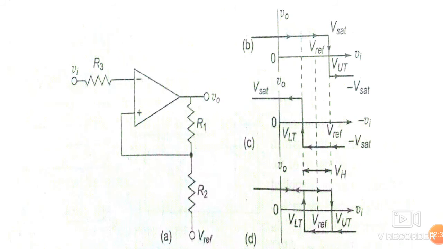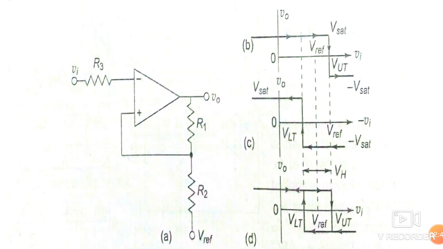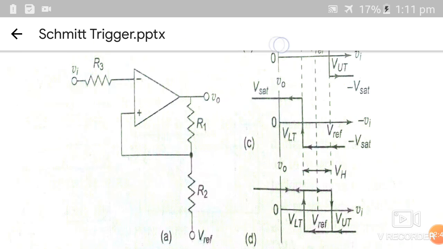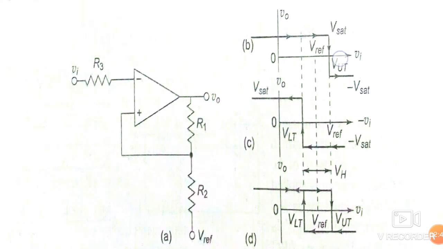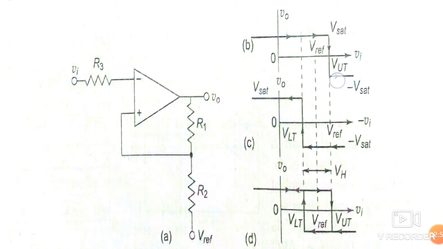So when the potential Vi is greater than the potential of this point, it will directly change. So let's say the starting output was plus Vsat, so it will change directly to minus Vsat.